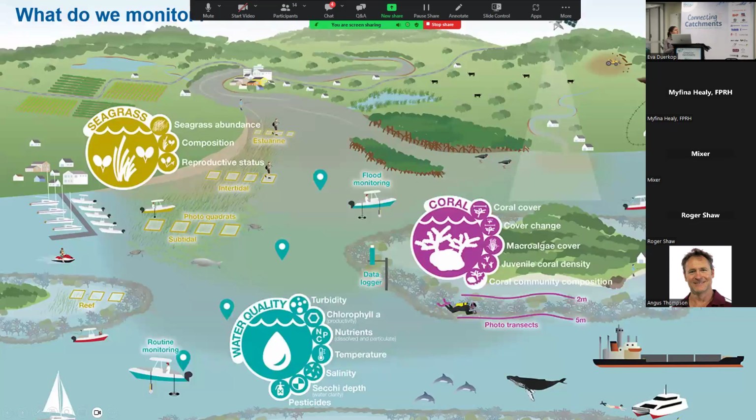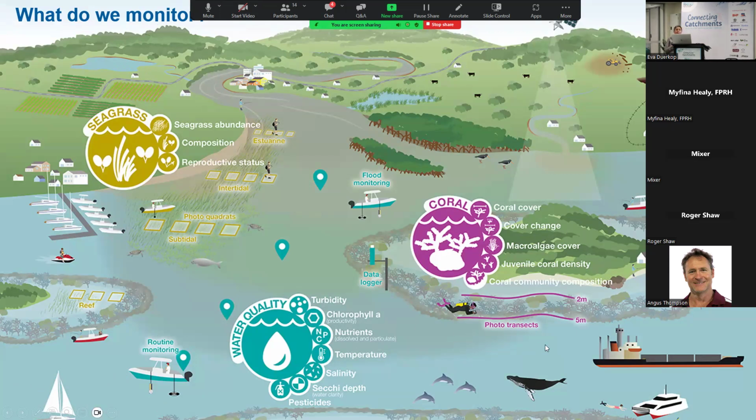So what do we monitor? Well, we monitor water quality and a range of indicators of water quality, including nutrient concentrations, pesticides, chlorophyll, and so forth. We monitor seagrass because seagrass is a key habitat. It's very important to fisheries and to wildlife in the area, such as dugongs, for example.